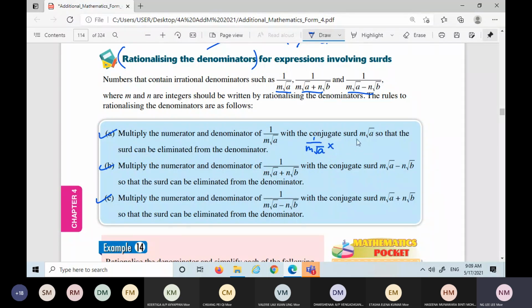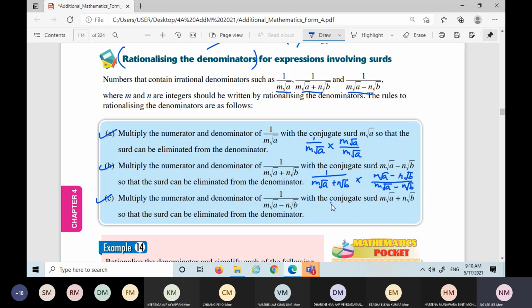If you see something like this, how to rationalize it is by doing this. For the second one, if you see two terms and in between is plus, then you multiply by exactly the same thing, but the plus becomes minus, multiplying the numerator and denominator by the same thing.